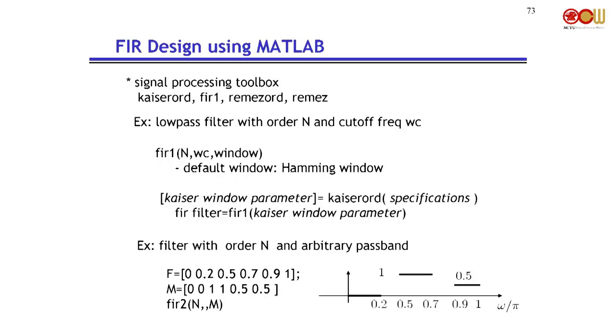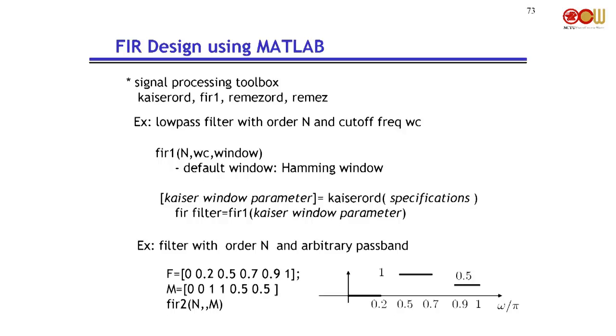Well, Parks and McClellan. These are the names of two people. Okay, McClellan was a student of Parks at Georgia Tech. And then he came up with the algorithm when he was doing his thesis.